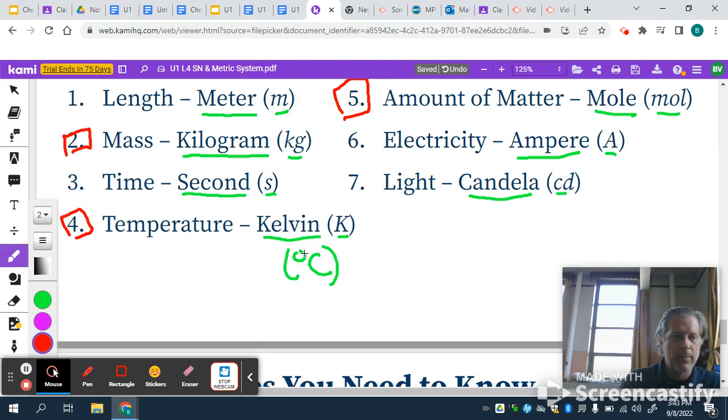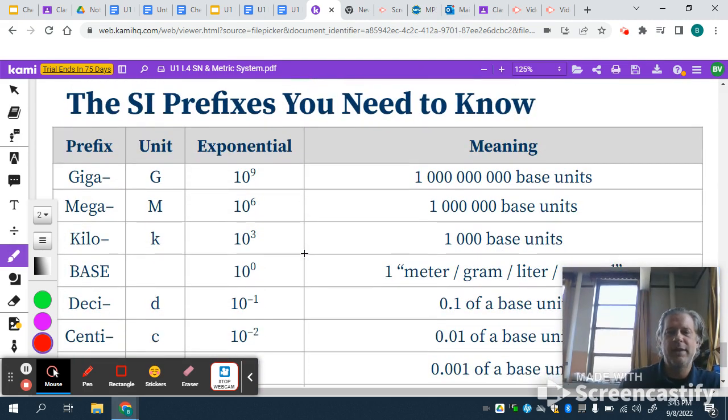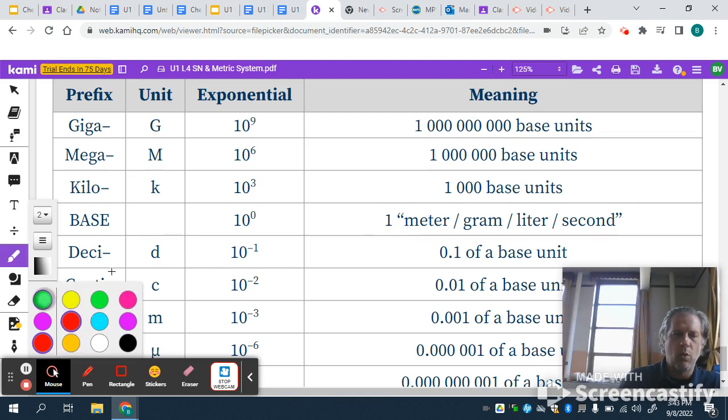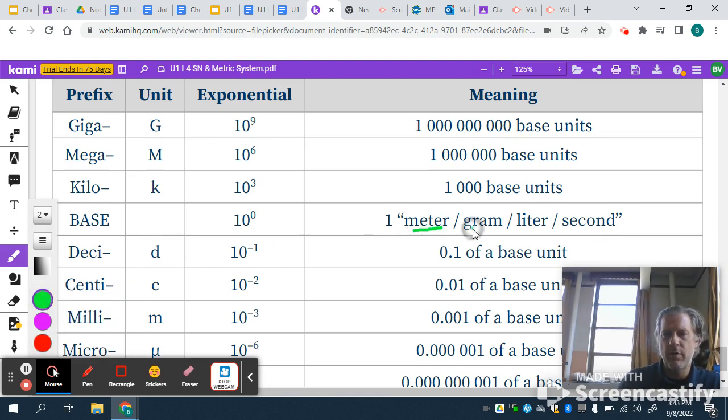The other thing that you should be at least familiar with is what these prefixes mean. We have this idea of a base unit, which is one of something. It's like 1 meter or 1 gram or 1 liter or 1 second. But if we put a prefix in front of it, we can have a kilometer, which is the distance of 1,000 base units, which is a meter, right?